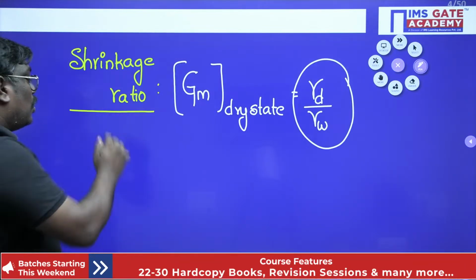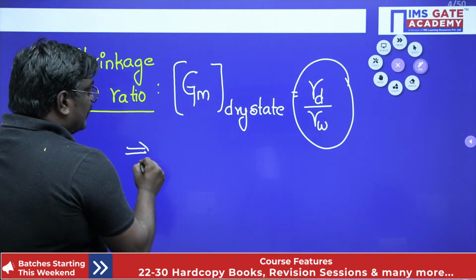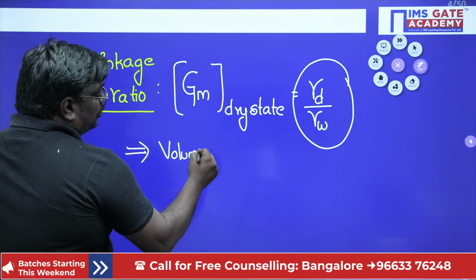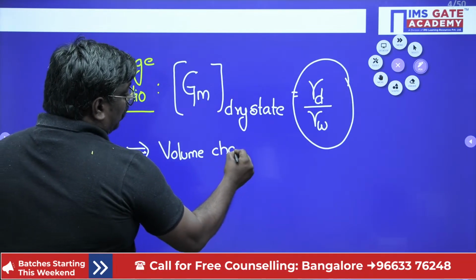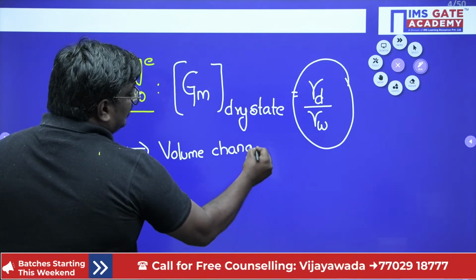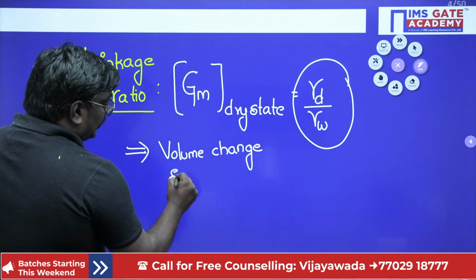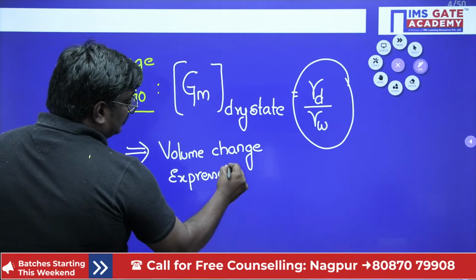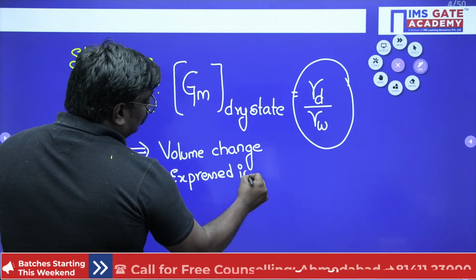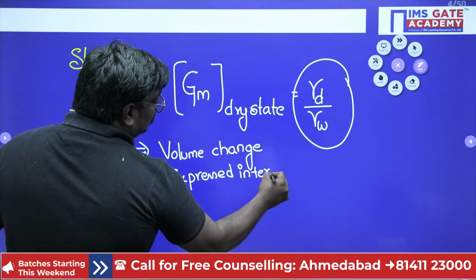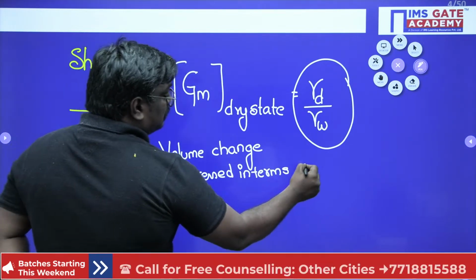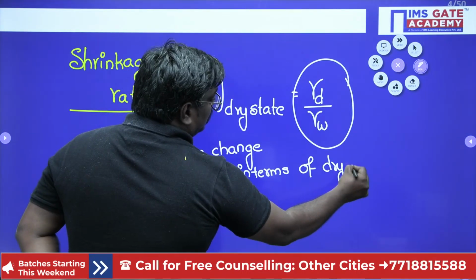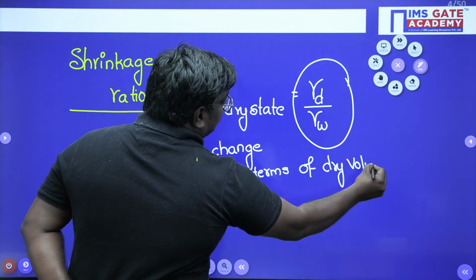Or you can also write that shrinkage ratio is defined as the volume change expressed in terms of dry volume to the corresponding change in water content.